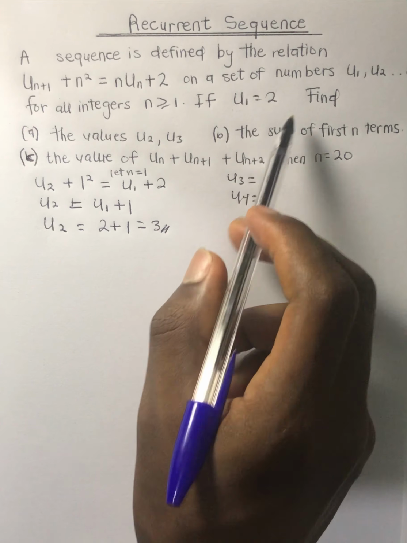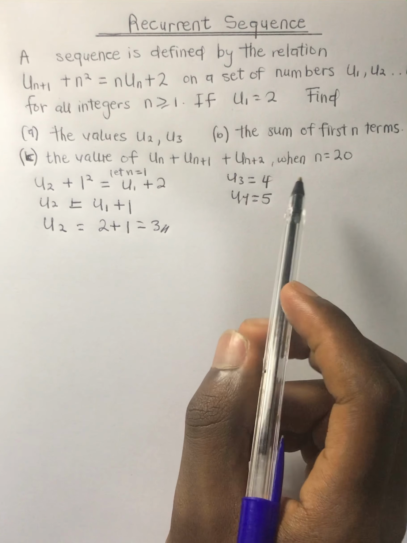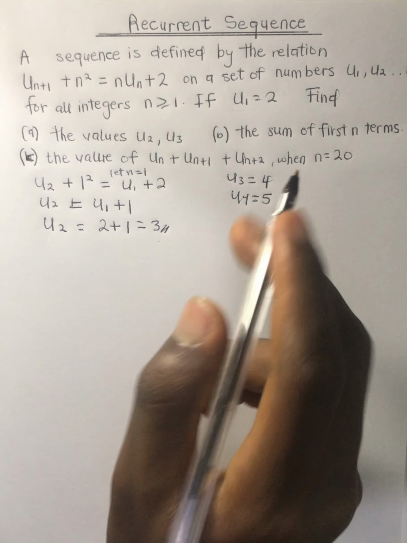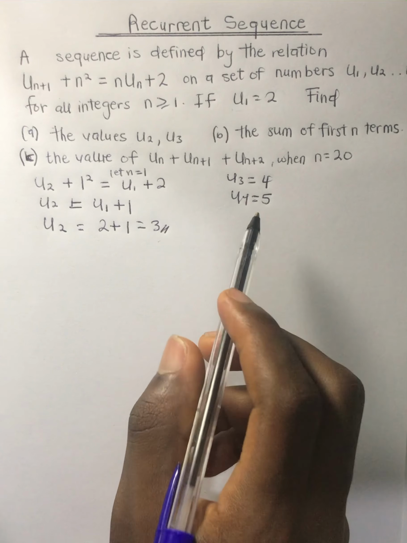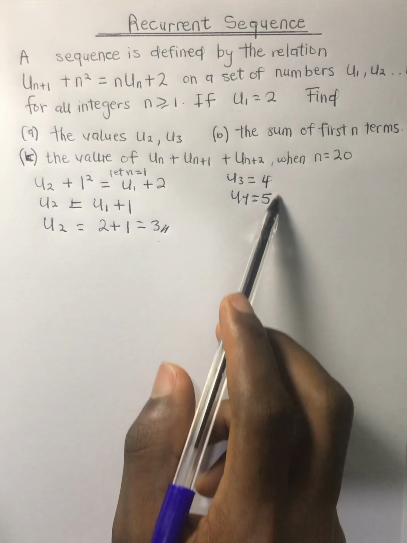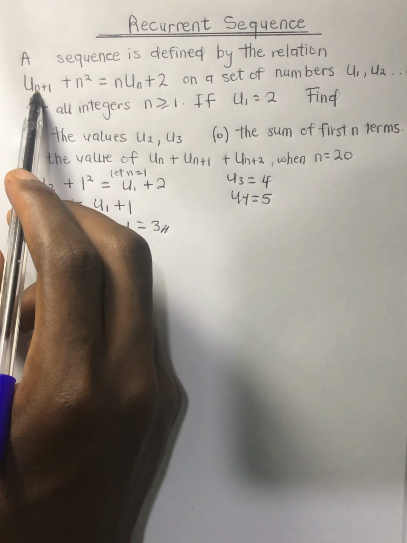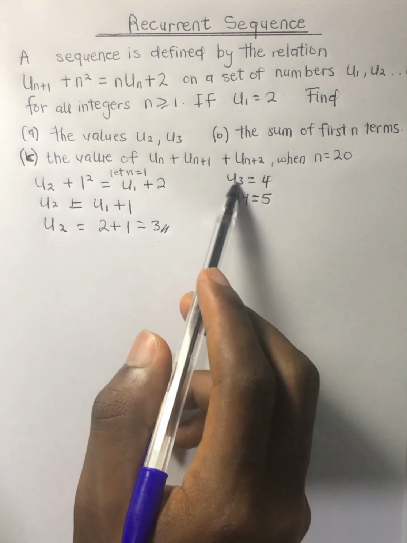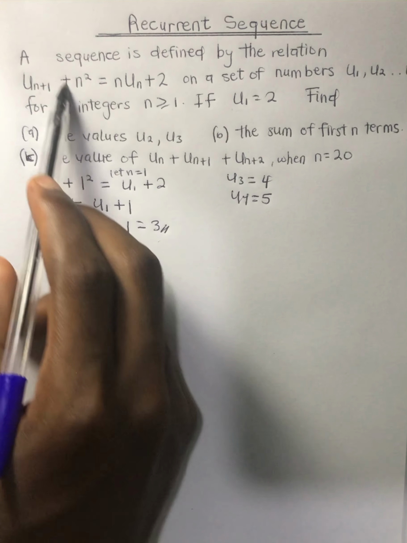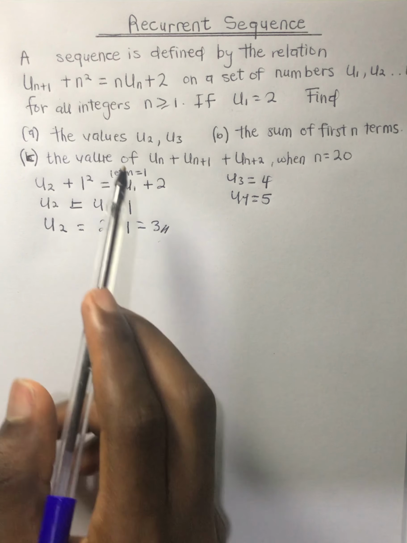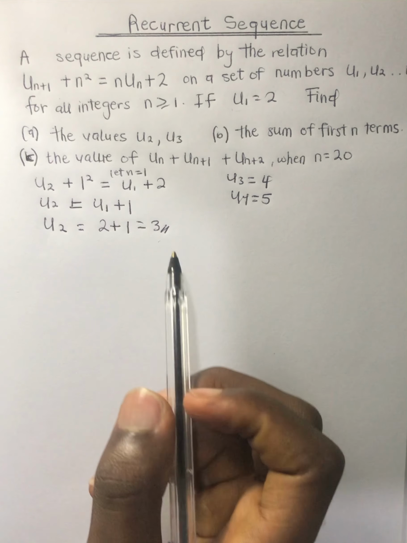So we have our first term as 2, the second term as 3, and the third term as 4, and the fourth term of course is 5. But please solve to confirm these answers. Now to solve this, we change the n over here to 2, getting the u subscript 3 expression, and of course inserting the value of u subscript 2 the same way we did for the first example.